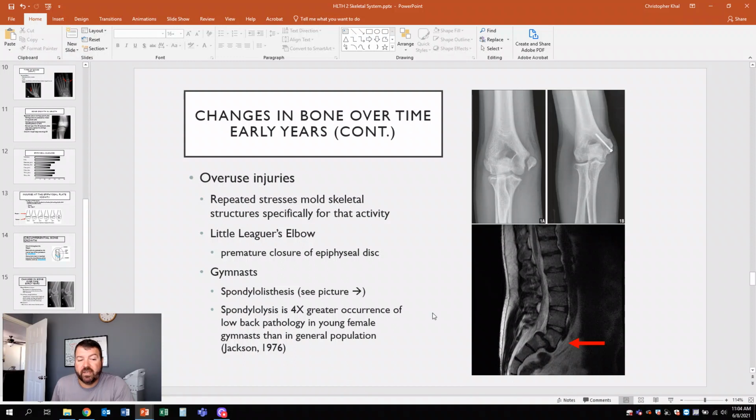Usually gymnastics is a big one, and then swimmers. It's the extension of the back. So the extreme extension of the back, especially multiple times, results in this kind of fracture, dislocation, and so forth.